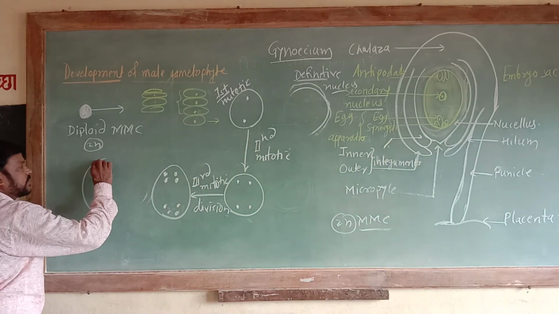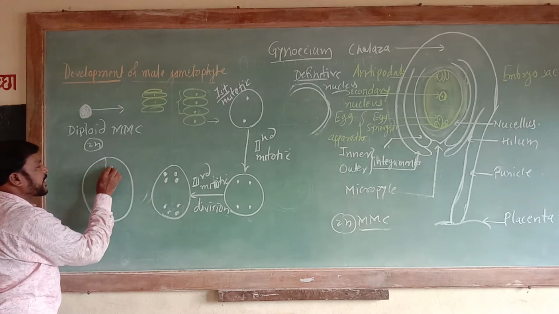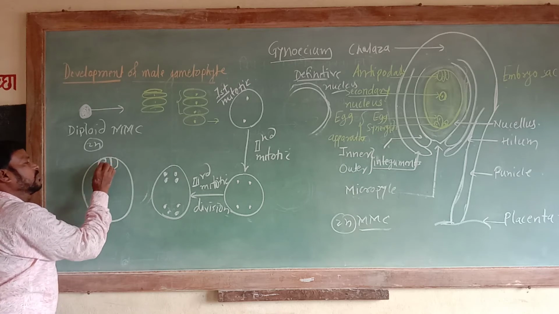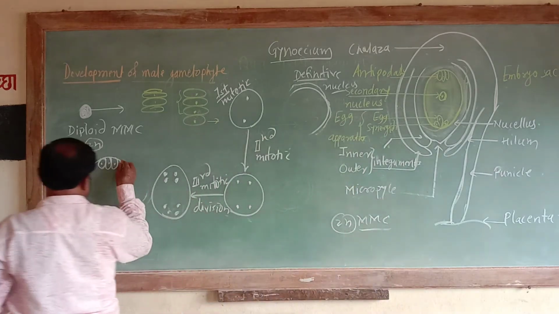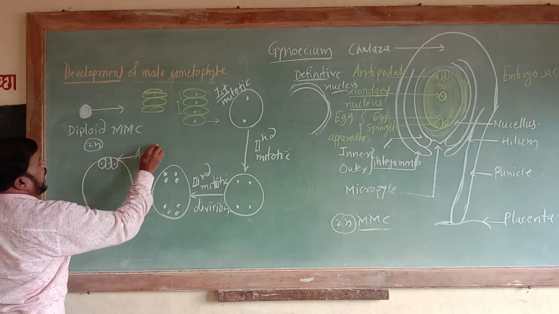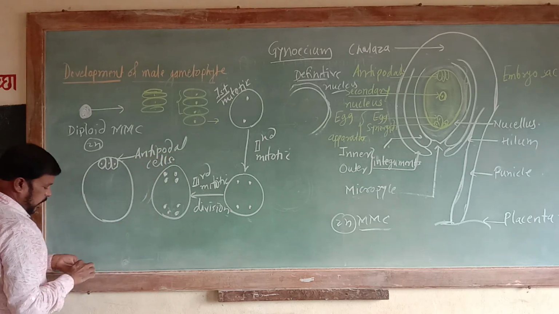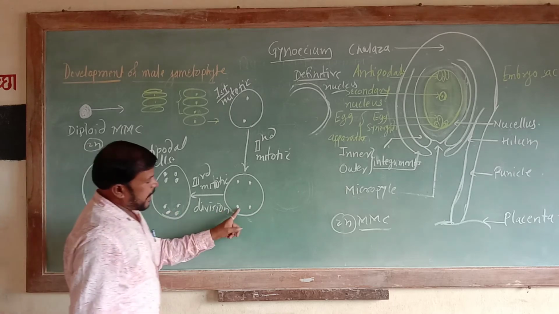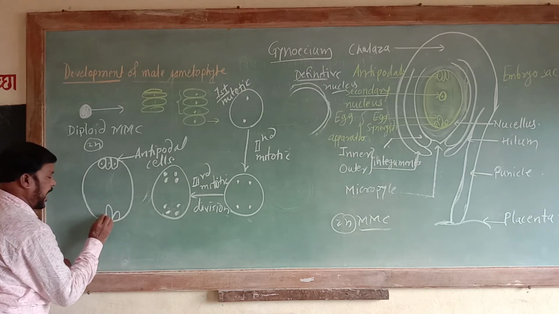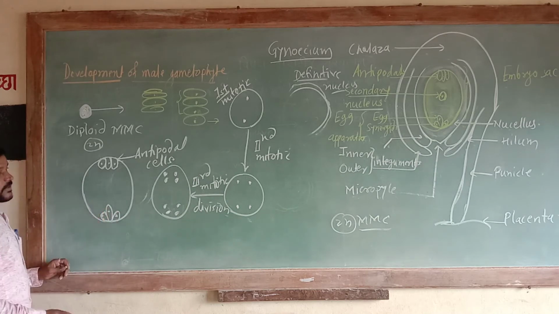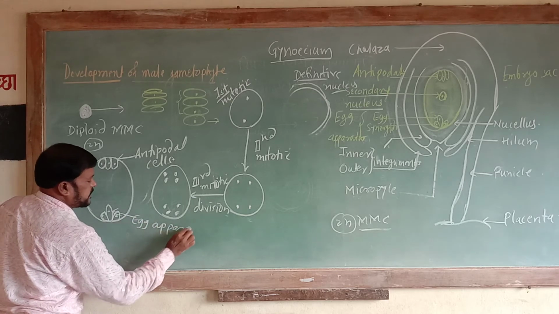What happens here? In this embryo sac, out of those 4, 3 migrate towards the chalazal end and give rise to the antipodal cells. Then from the lower group, or from the micropylar end, 3 come together and give rise to the egg apparatus.